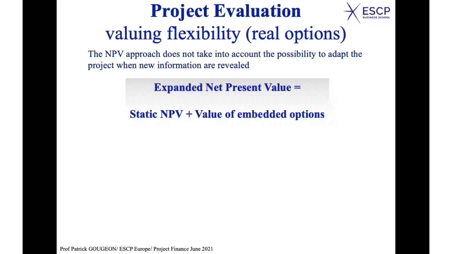I may lose money because if I look at the net present value of this project, it wouldn't be quite positive, but I still invest there because if things turn out to be good, I will have the chance to take this opportunity, okay, and grow, and then it will be highly beneficial. So you see, in other words, this first investment could be seen as a kind of option. You invest to take the option to grow later on. Okay, this is typically the type of problem we are dealing with here.